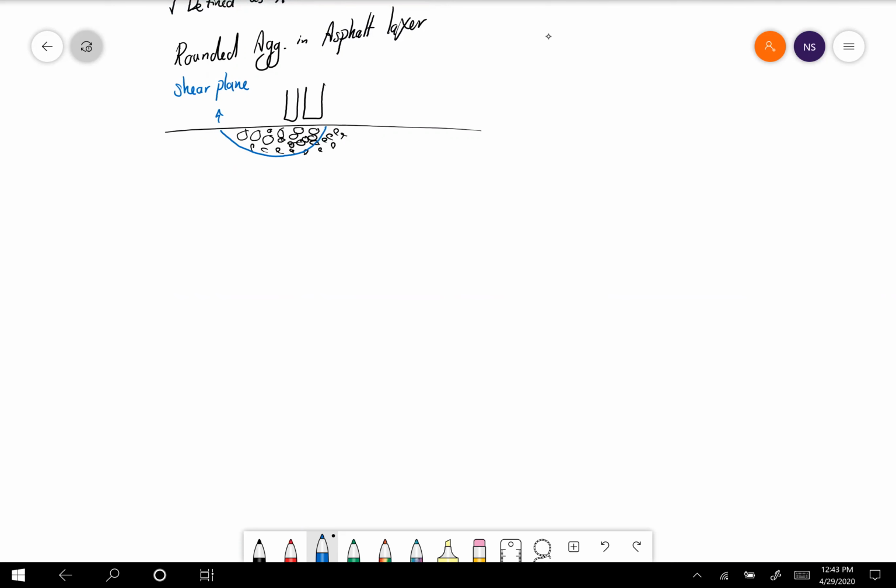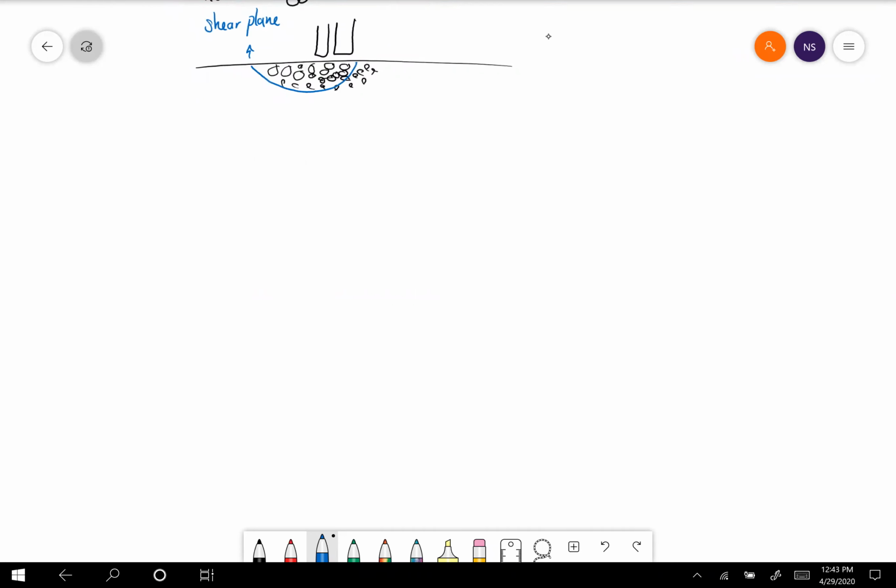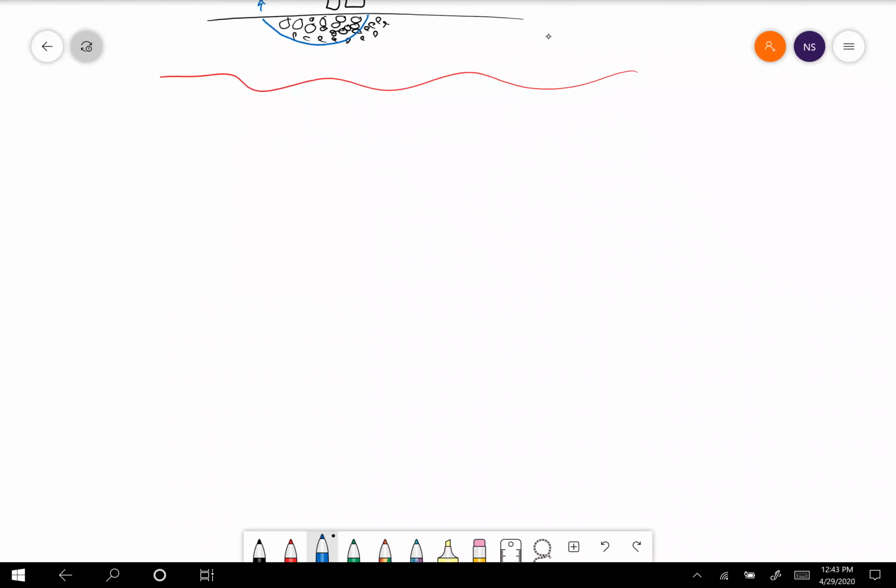And then there's a specification for coarse aggregate angularity criteria that I'm going to paste as a table up here and post on Canvas. So coarse aggregate angularity criteria.